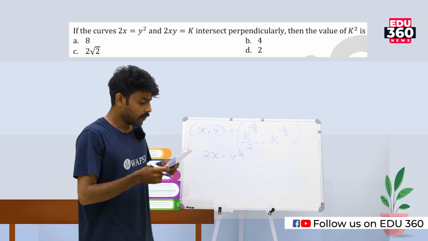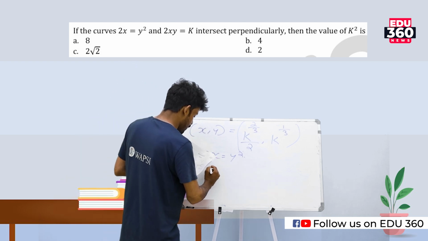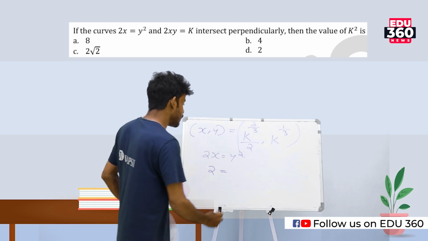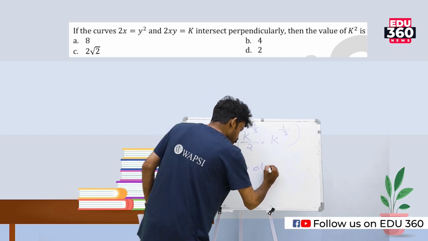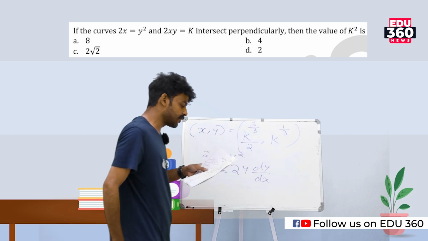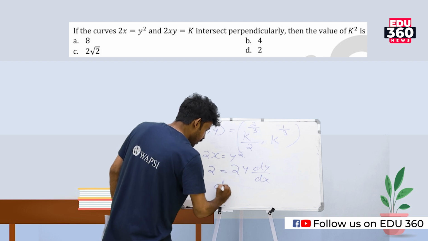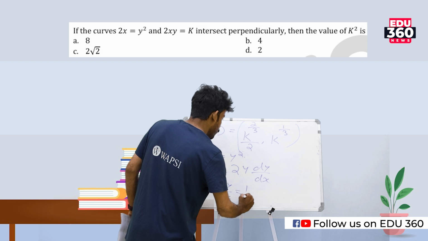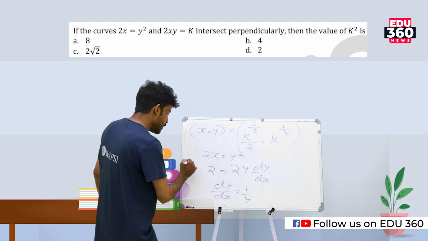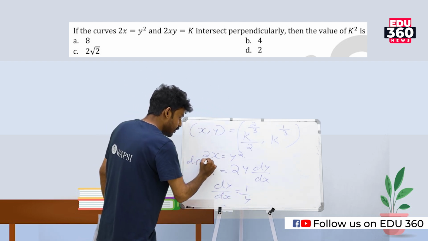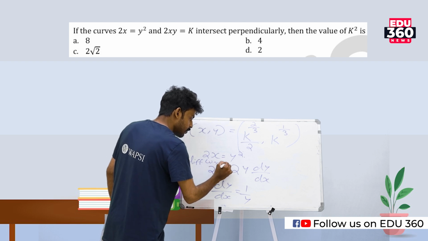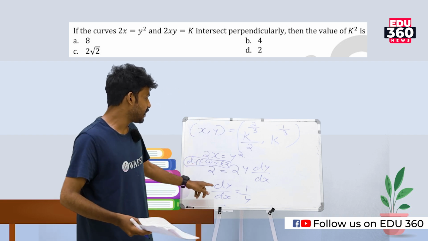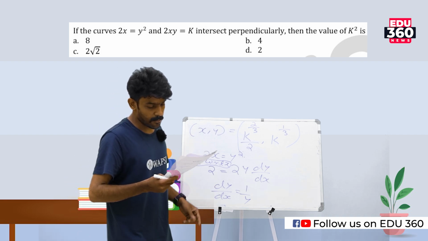On the left hand side we get 2, and on the right hand side we get 2y dy/dx. From this we can write dy/dx = 1/y.